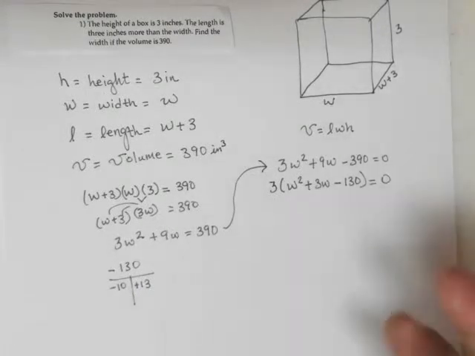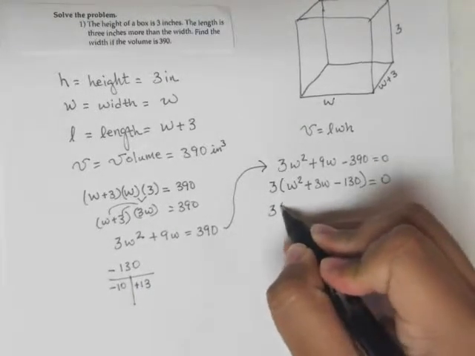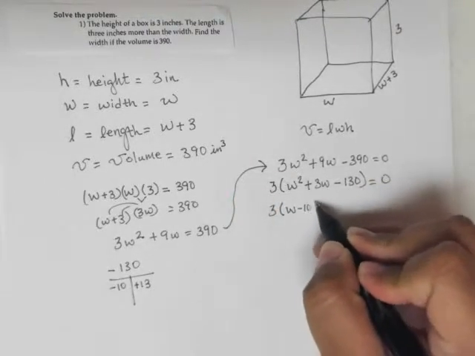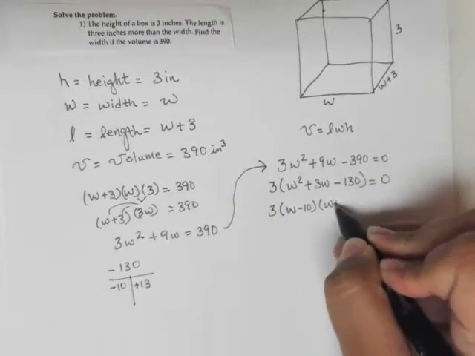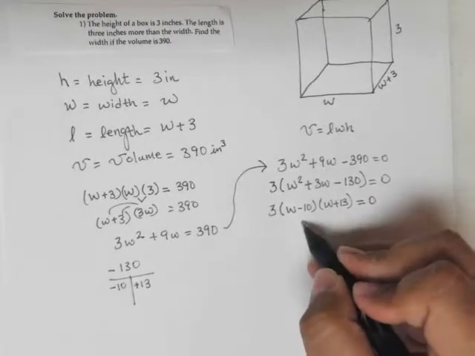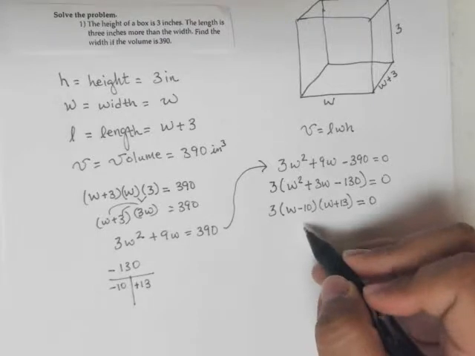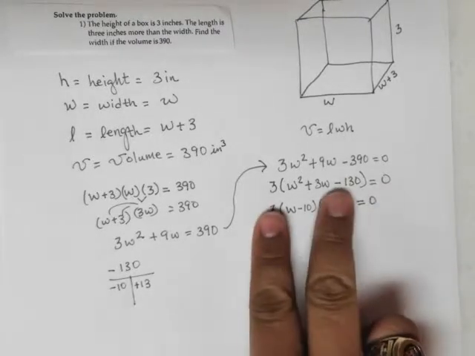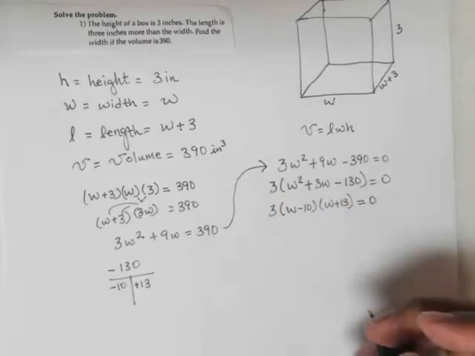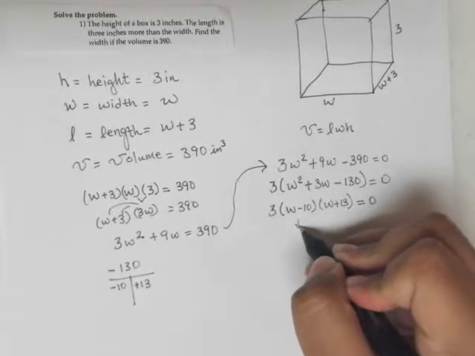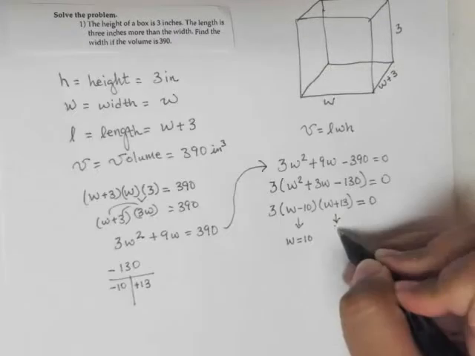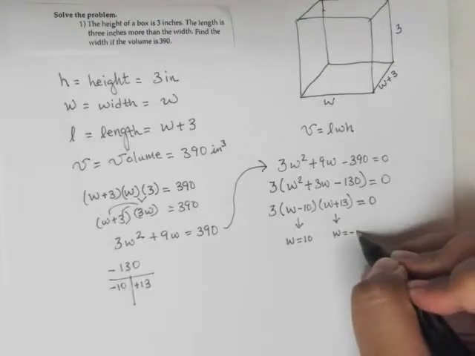Now let's write out the factors: there's our 3 that we factored out front, w minus 10 and w plus 13, set equal to 0. By the zero factor property, all I need to do is set each of these equal to 0 and I've solved for w. In this case, w equals positive 10, and in this case, w equals negative 13.